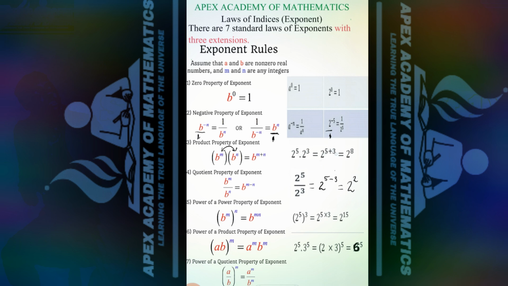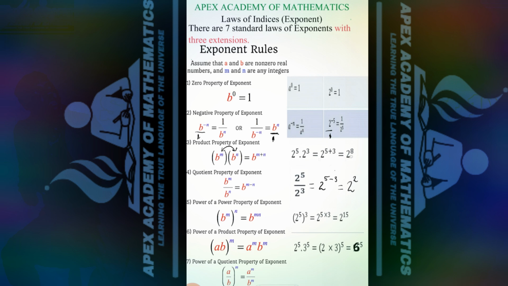It depends on whether the question asks for the exact answer or the answer in index form, in which case you may just need to use this law. So we add the 5 and the 3 and we get 2 to the power of 8. If you were to work these out and multiply them, you'd get the same result as 2 to the power of 8.